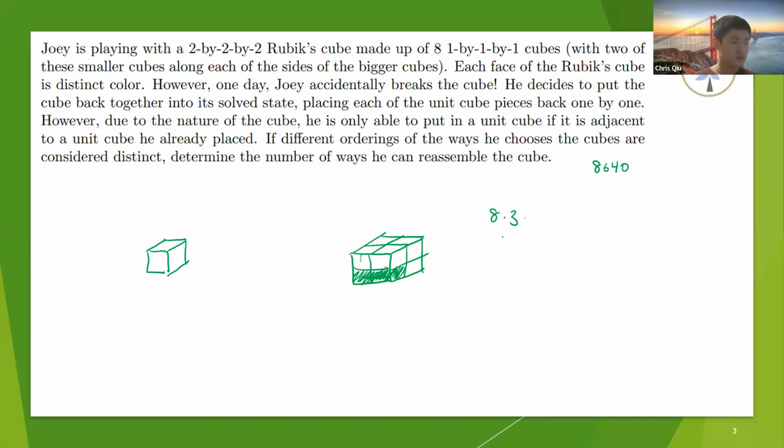And you can see that no matter which of these 4 cubes he chooses next, he's going to end up with an L-shaped figure that kind of looks like this.